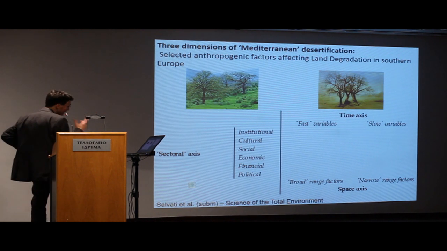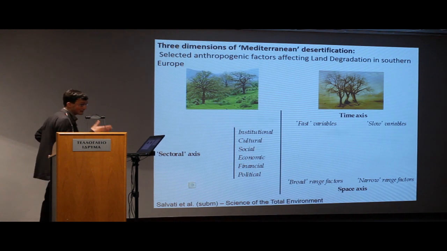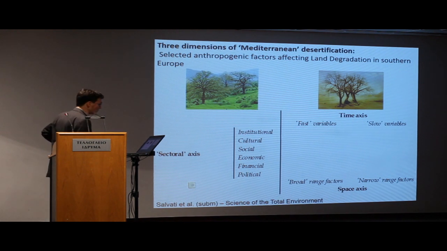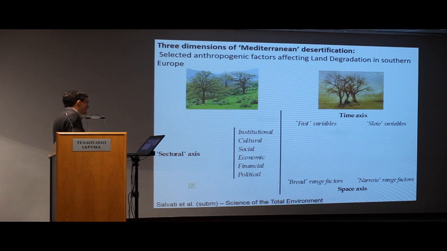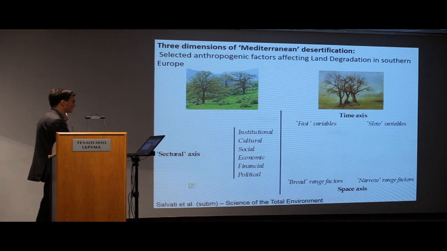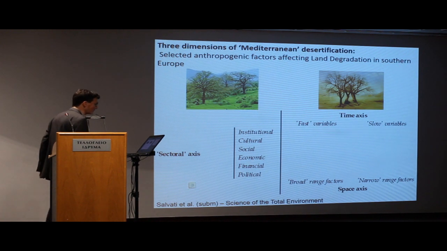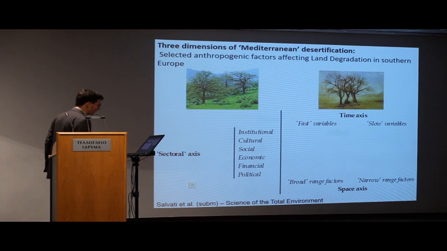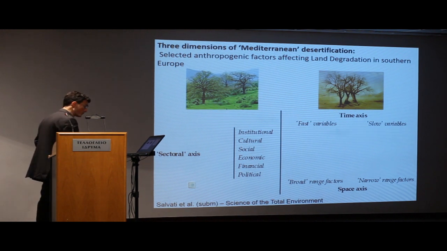And of course, I think it's important to add a third axis, which is the sectoral axis, which is formed by different fields, different issues. I found this very interesting in my case, but probably there are some more: the institutional factors, cultural factors, social factors, economic factors, financial factors, as well as political factors.